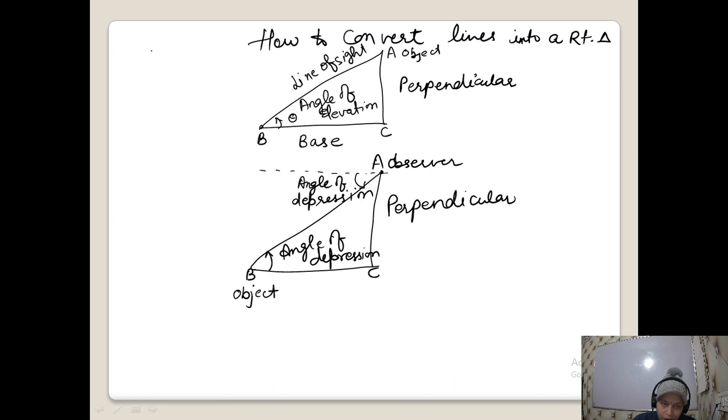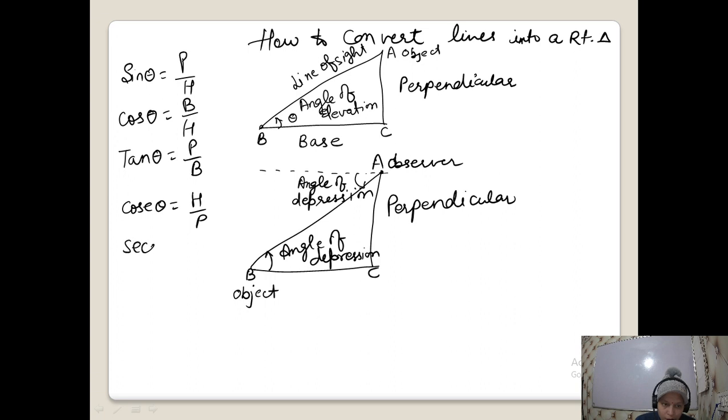Sin theta is equal to P over H, cos theta is equal to B over H, tan theta is equal to P over B, cosecant theta is equal to H over P, secant theta is equal to H over B, and cot theta is equal to B over P. I have already discussed all these formulas in detail in part 1 of trigonometry. If you do not know the formulas of trigonometry, you can see that video.